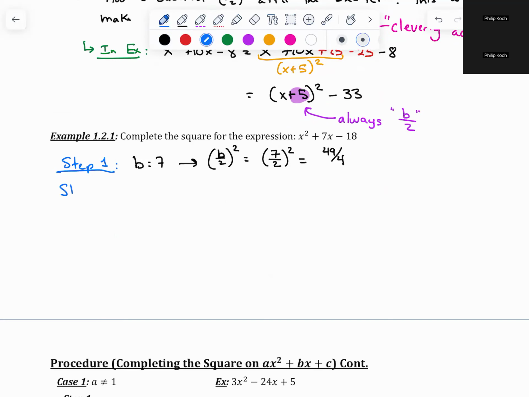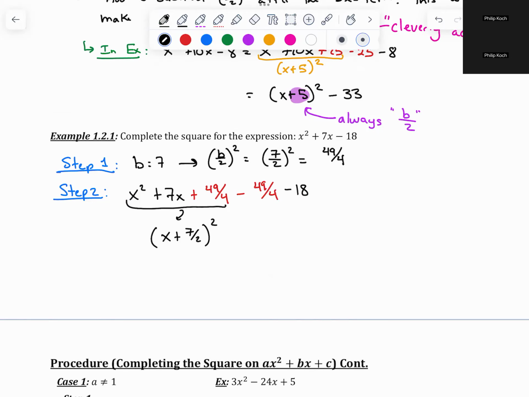So step 2. You've got x squared plus 7x. We're going to add 49 fourths and then immediately subtract 49 fourths to cleverly add 0, and then minus 18. And so I can immediately write the answer. The first three things will automatically become x plus 7 halves quantity squared.